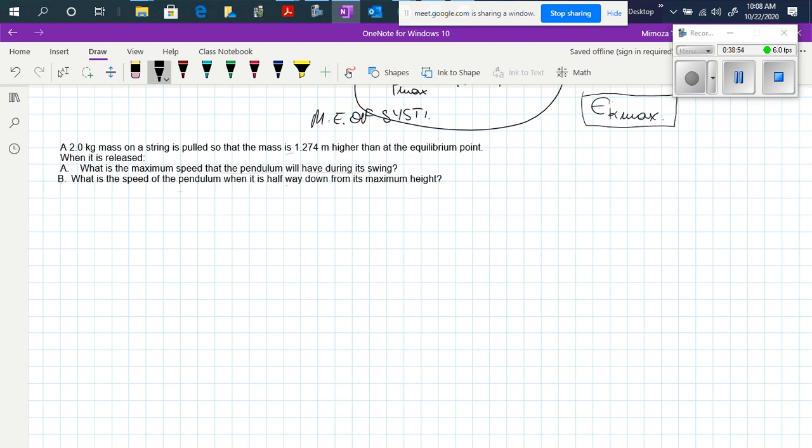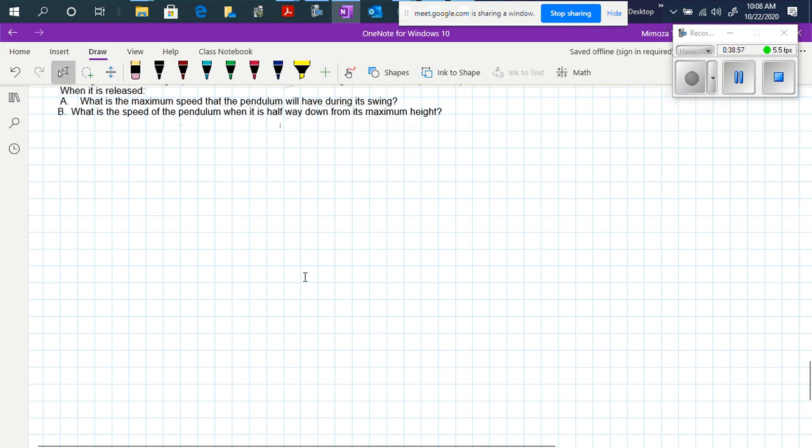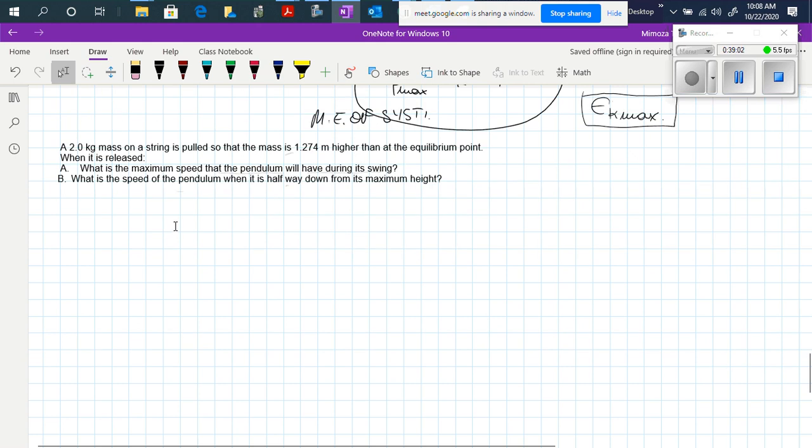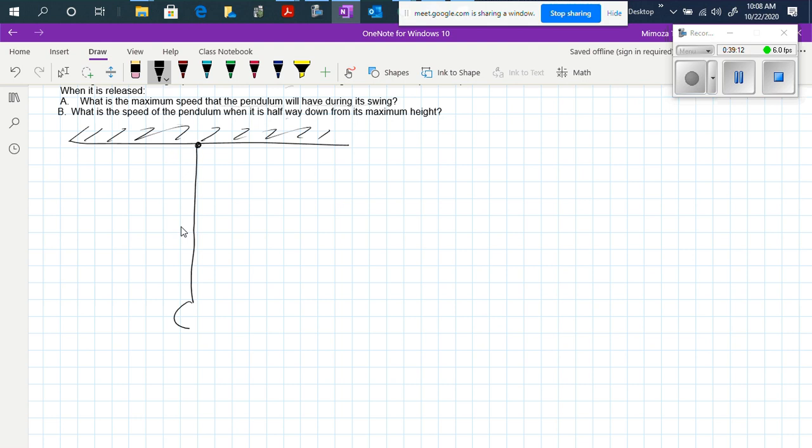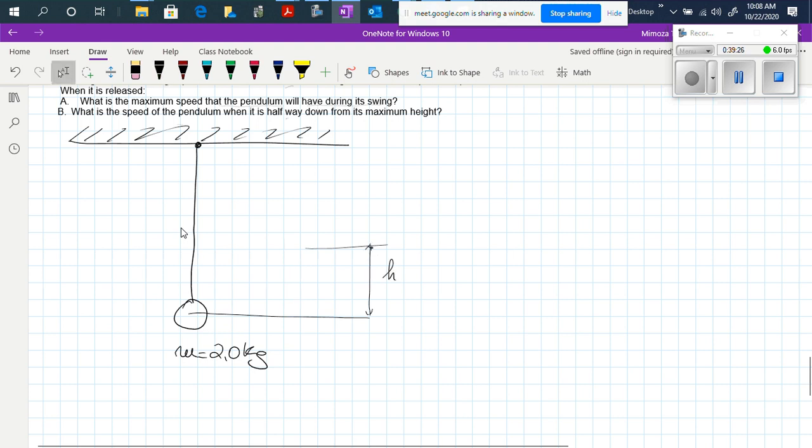Okay, the first one here is saying that you have an object with a mass of 2 kilograms. So this is the situational diagram. The object with mass 2 kilograms is brought to a certain height here, of 1.274 meters.